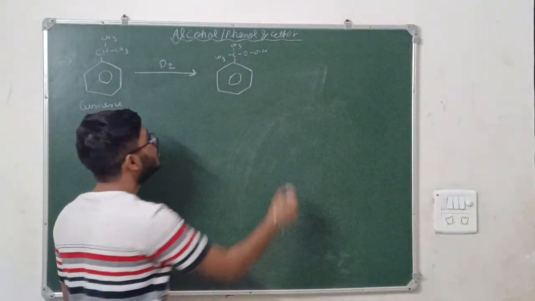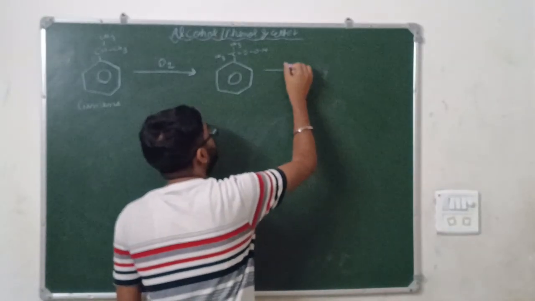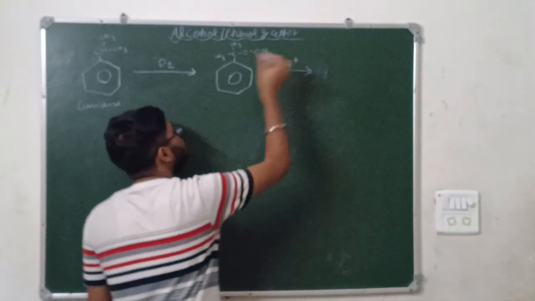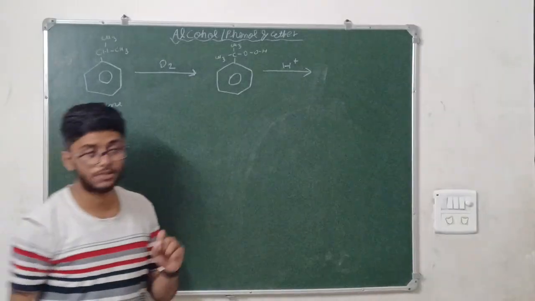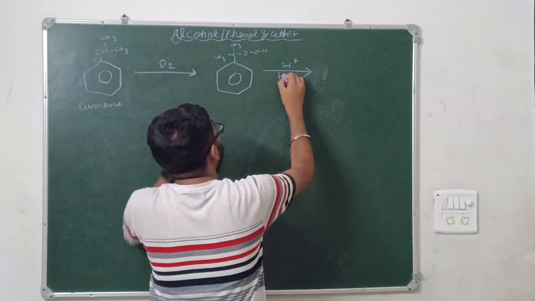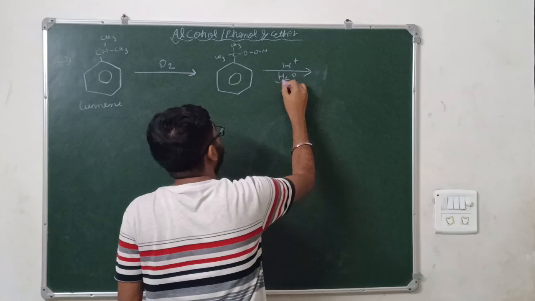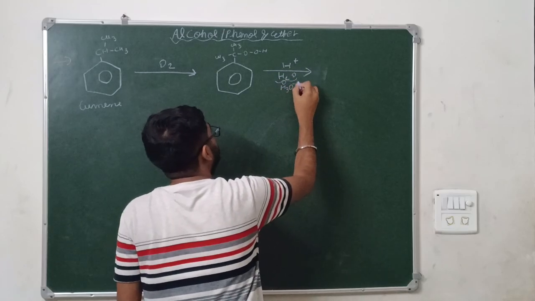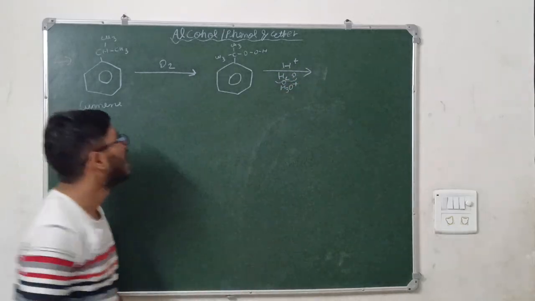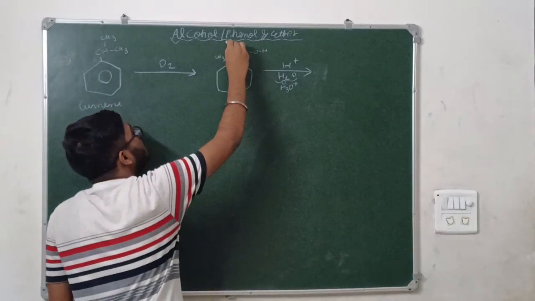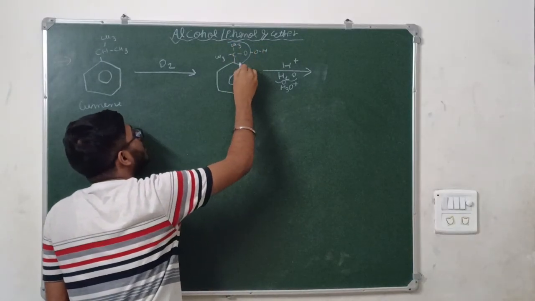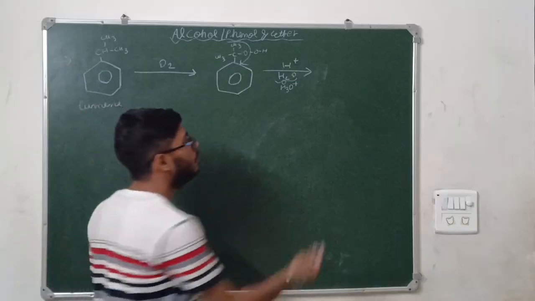Okay. Now what did you do? You put H plus and water here, which means you have added acidic water, H3O plus. This will cleave off the ketonic group, and what will you form?